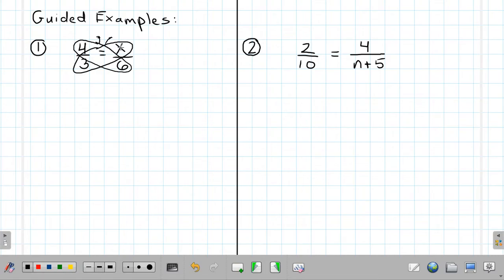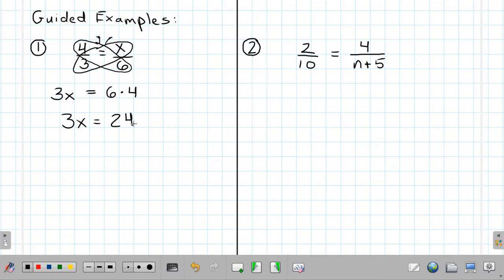In this case, we multiply 3 times x, so we get 3x. And whatever we get when we cross multiply here is going to be equal to whatever we get when we cross multiply there. So 3x is equal to 6 times 4. Well, that tells us 3x is equal to 24.